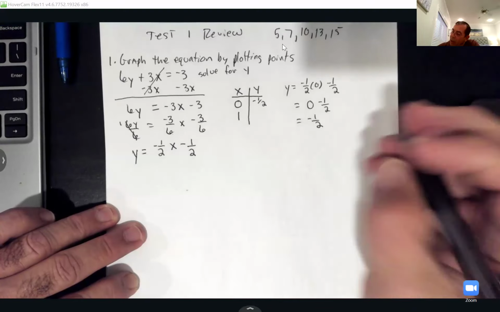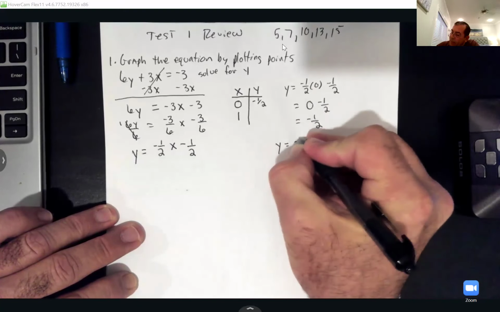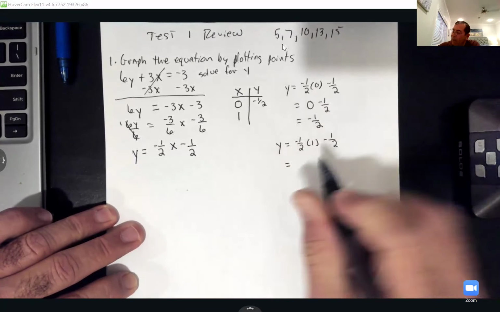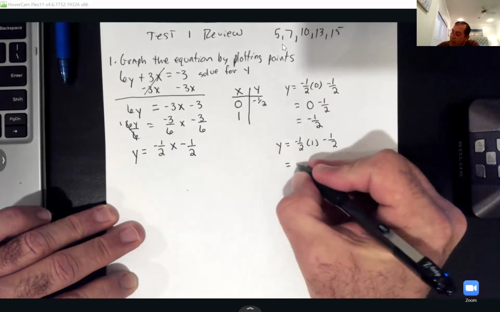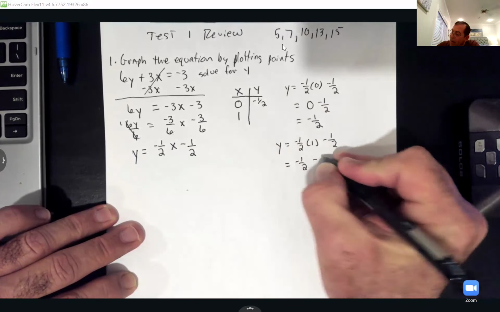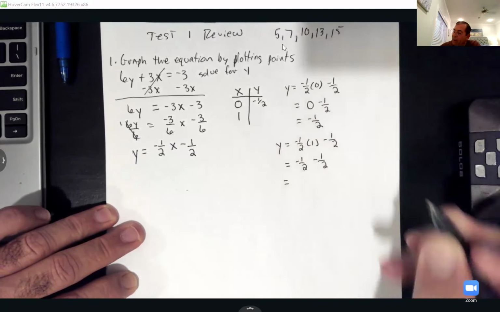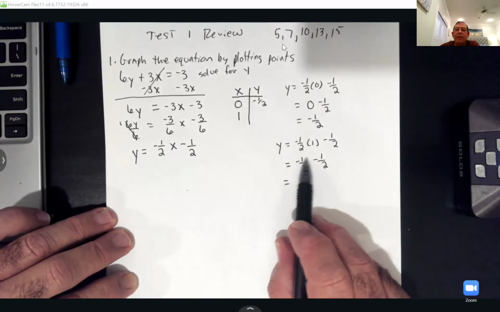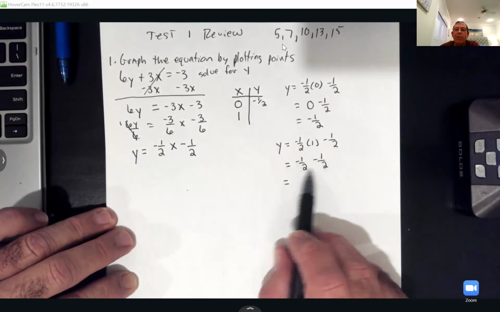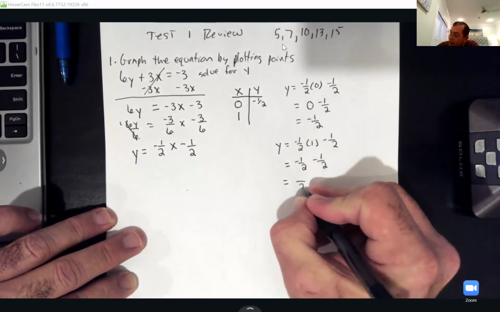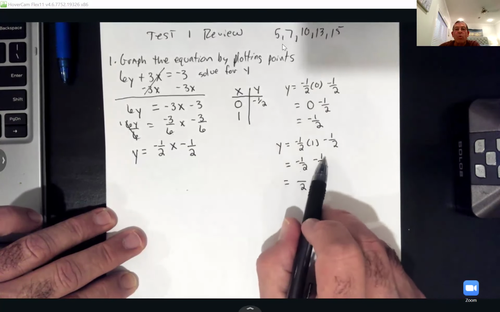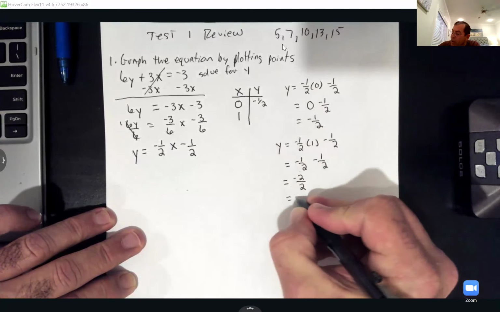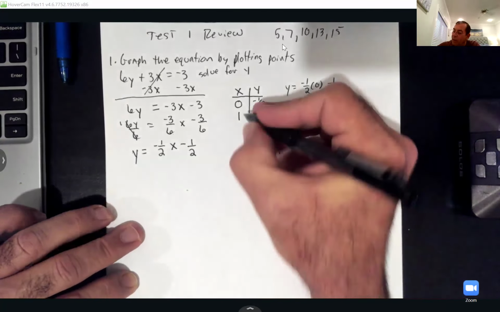All right, now let me put my 1 in. Well, -1/2 times 1 is a -1/2 minus 1/2. Remember, subtracting fractions, everything happens on top, and we put that over 2. So -1 minus 1 gives me a -2 over 2, which turns into a -1.